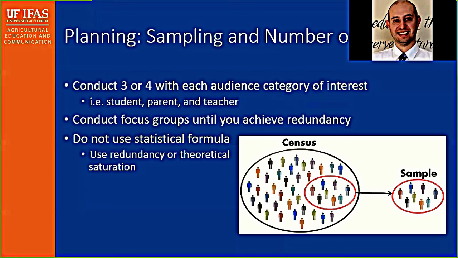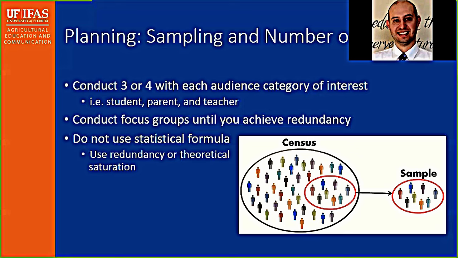If you are still hearing new information in the 3rd and 4th group with an audience category, you might continue conducting focus groups until you've achieved redundancy. What redundancy means is you're not getting new information, and that's really important for qualitative methodology. That lets you know that you've reached the point where you've included enough individuals in the process. So that's when you know, okay, I've done enough focus groups, now I can move forward.